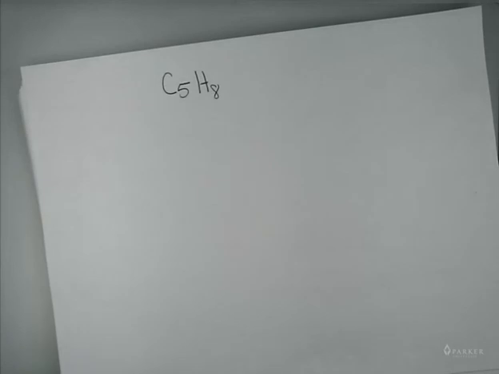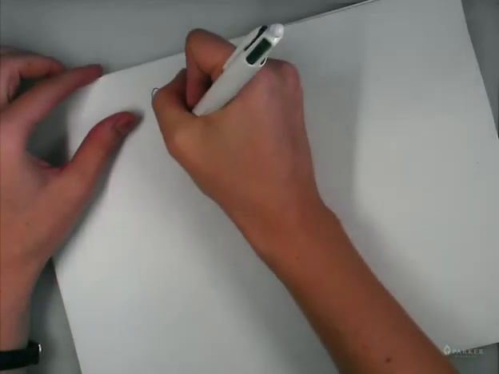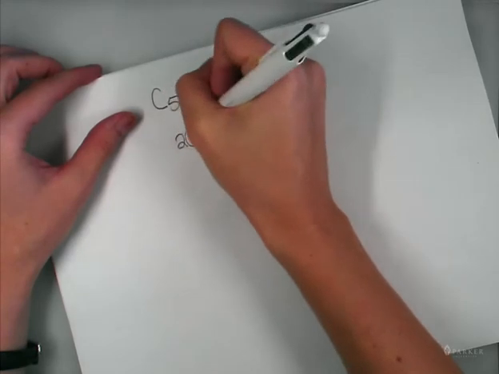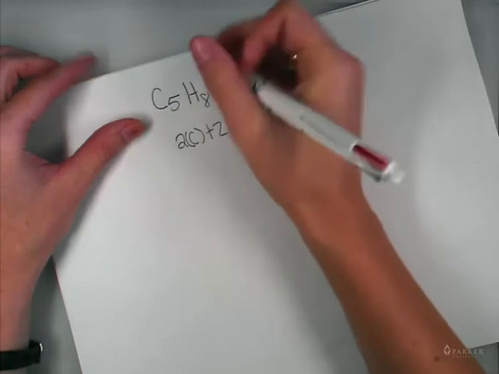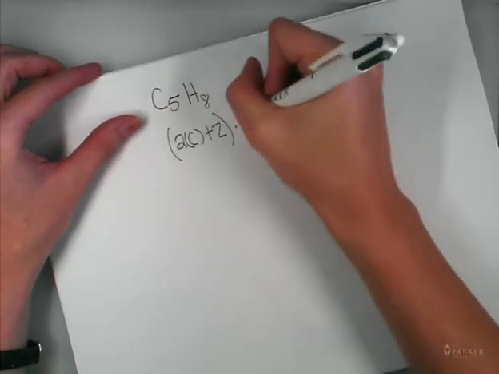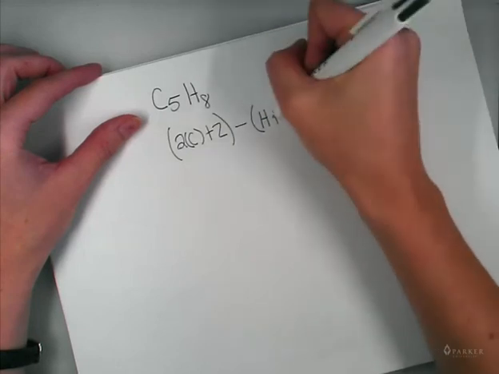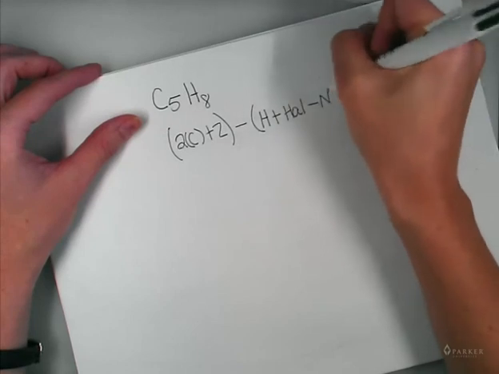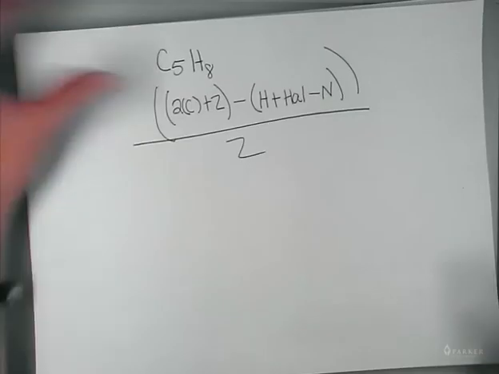But from the formula, you can get how many degrees of unsaturation. So here's the formula: 2 times the number of carbons plus 2, minus number of hydrogens plus halogens minus nitrogens, all divided by 2.